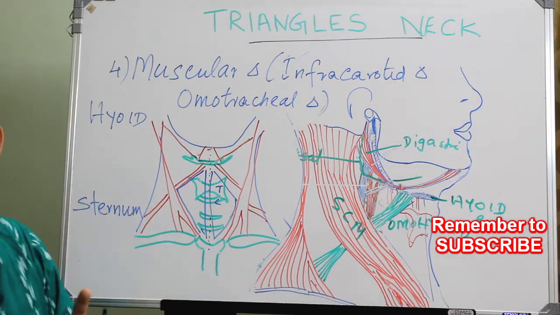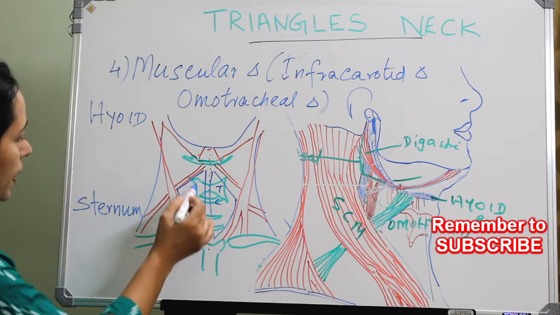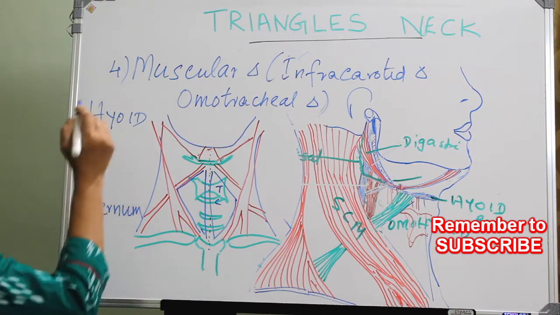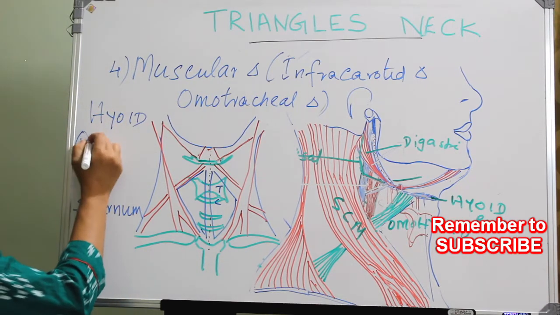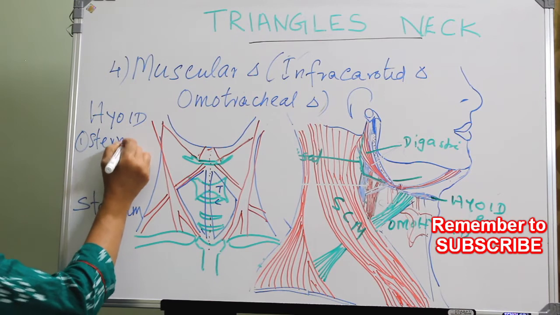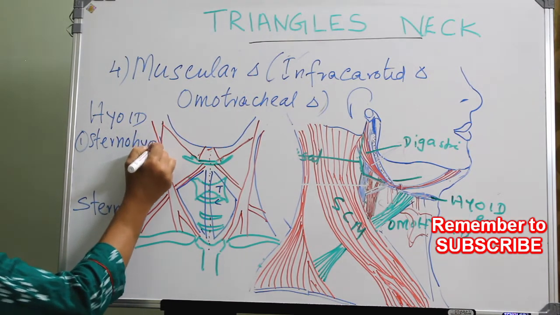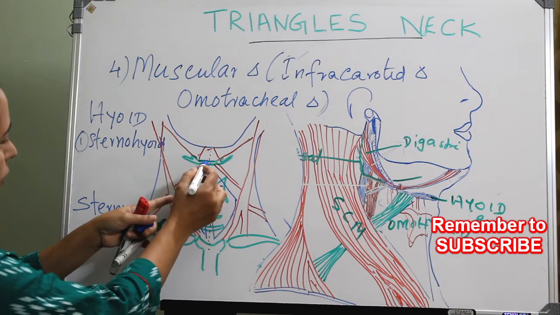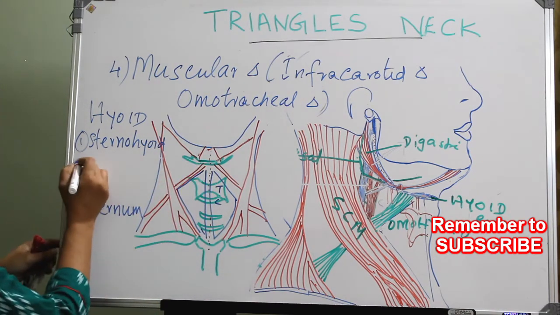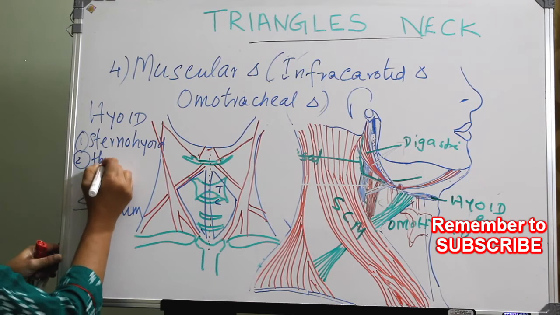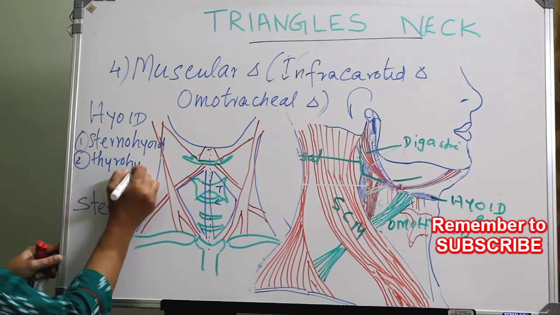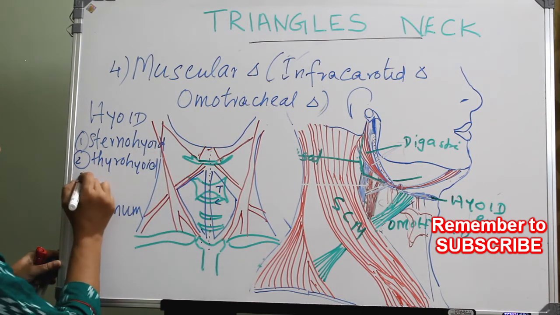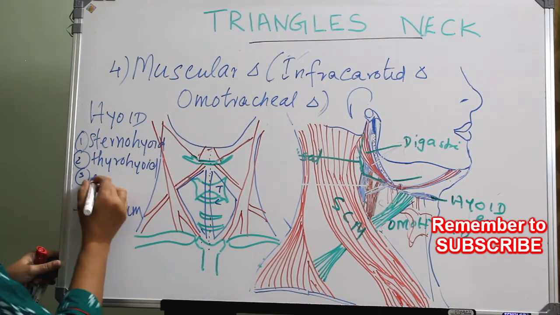So the main muscles are, one is sternohyoid, right? So sternum to hyoid. Number one, sternohyoid. And second, here is the thyroid. So thyroid to hyoid bone, thyrohyoid. And from sternum to thyroid comes the sternothyroid.